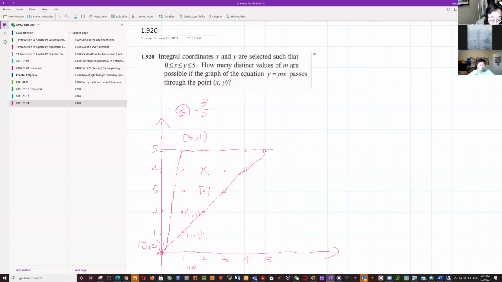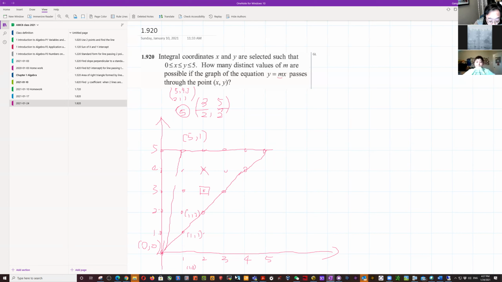And this one runs 2 and rises 5, so it's 5 halves. It's different from the 5 values here. The 5 values here are just 5, 4, 3, 2, and 1. So here we actually have 2 extra values, 3 halves and 5 halves. Those 2 numbers are legit here.